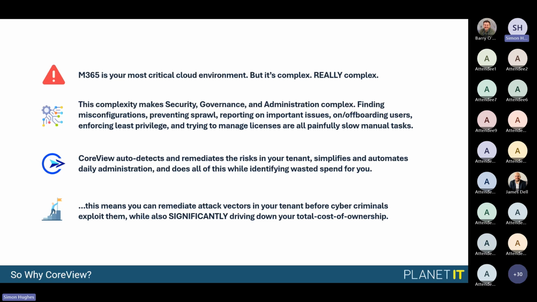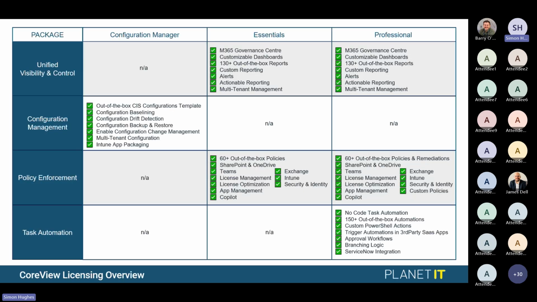The key things there are that we're reducing risk, increasing efficiency, and helping you get a much better return on investment from the costs associated with your M365 stack, whether that's licensing or the security tooling that's in there, making sure it's enabled. We're helping across the board.